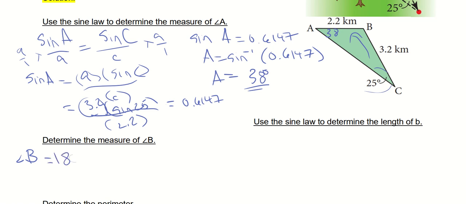So 180 minus the other two angles, 25 degrees and 38, and that should give me a value of 117 degrees. Easy enough. I'll put that on the diagram: 117.